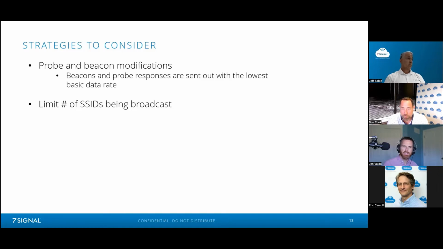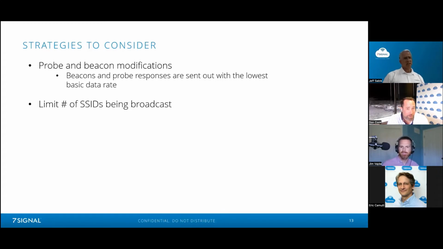And that speeds up the transmission speed of those frames, which means the overhead they cause, the airtime consumption from those frames, is lower. So we claim back some airtime, which can be used for data traffic and other efficiency gains.